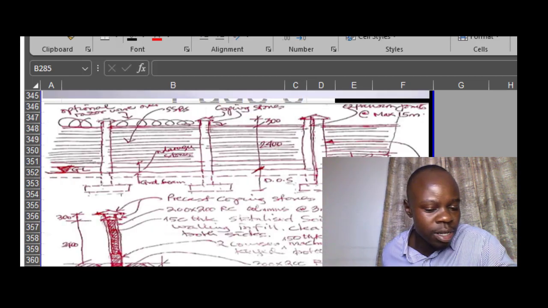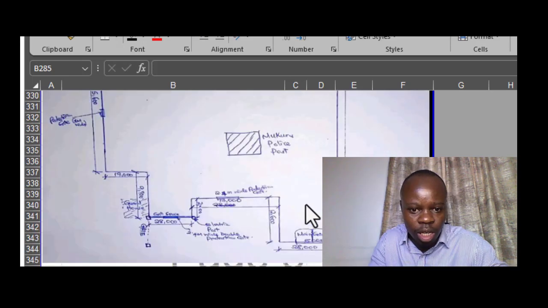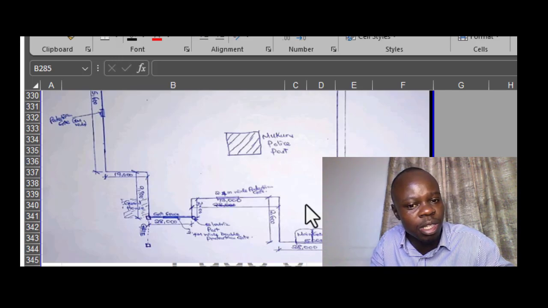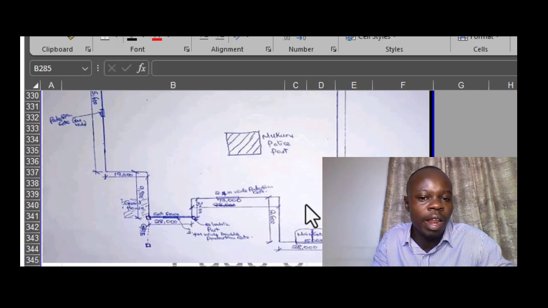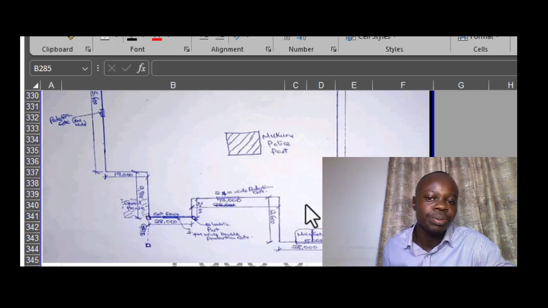So let's just have a look how this typical one was done. Of course, the first approach when you are intending to do your estimation is for you to interpret your drawing. In some instances the fences are not available in the drawing, so it's you to go take the measurements as a QS, and then later on, if you have a sketch of the typical sections, you are now expected to do your estimation.